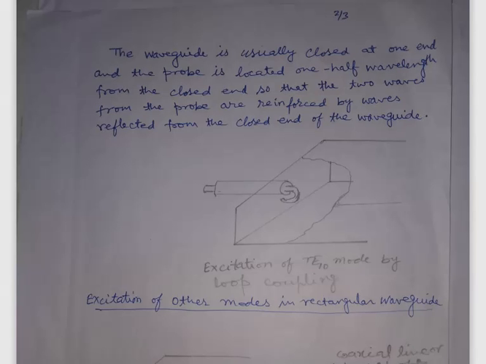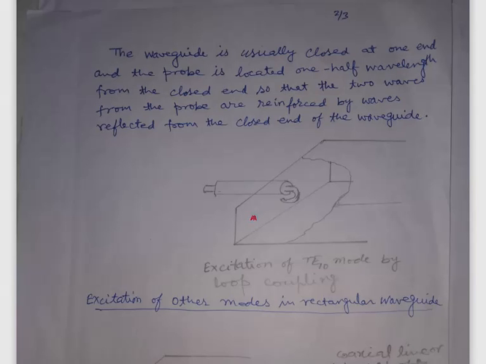Now another method for the excitation of TE10 mode is by loop coupling. The probe was inserted in the wider dimension as shown in the previous figure, while the loop is inserted in the side dimension, which is shown in the end view of this rectangular waveguide.